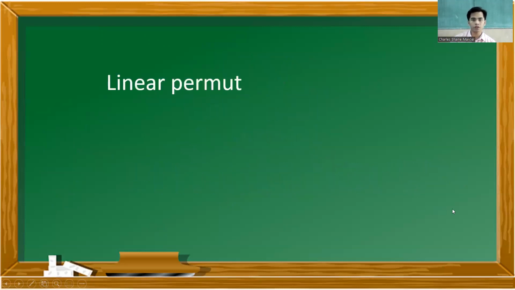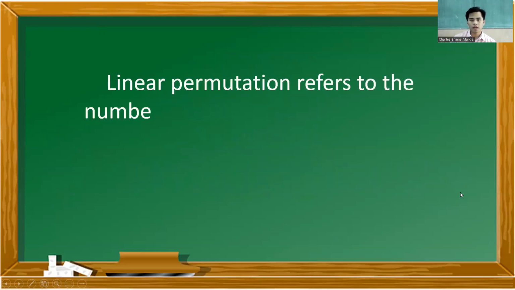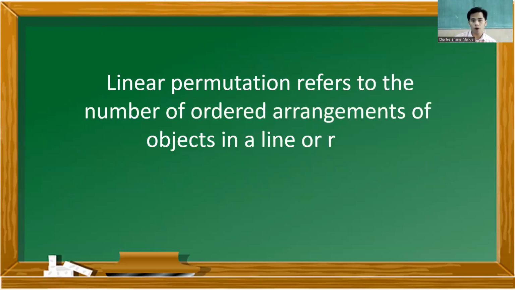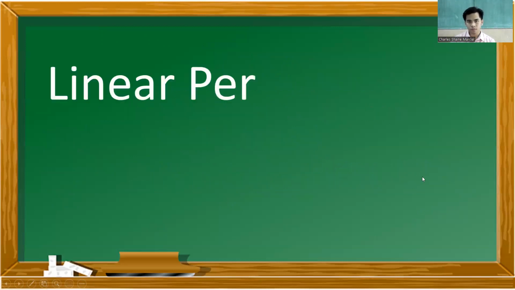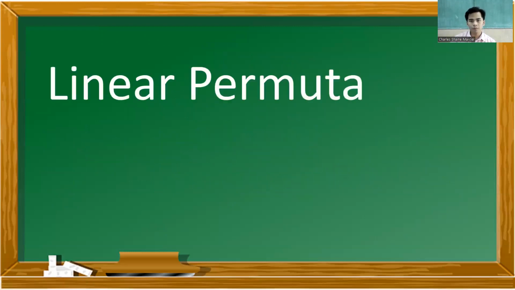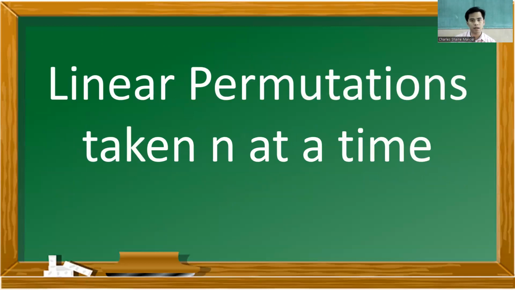Now, we have linear permutation. What is linear permutation? Okay, when we say linear permutation, it refers to the number of ordered arrangements of objects in a line or in a row. Okay, so dito sa linear permutation, we have two different types. First is the linear permutation taken n at a time, and yung isa is taken r at a time.